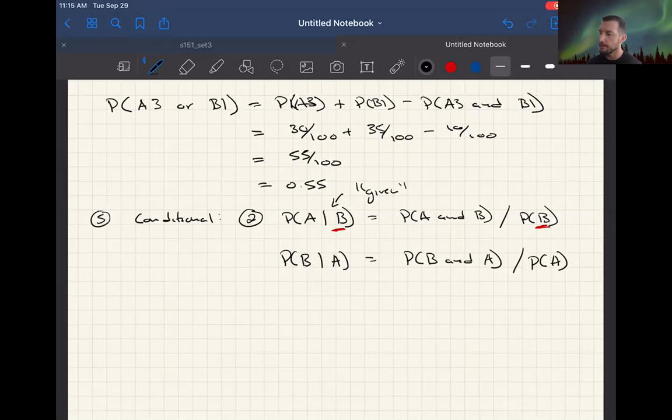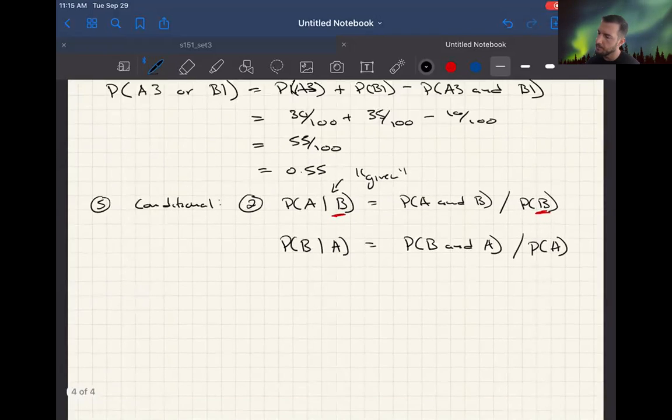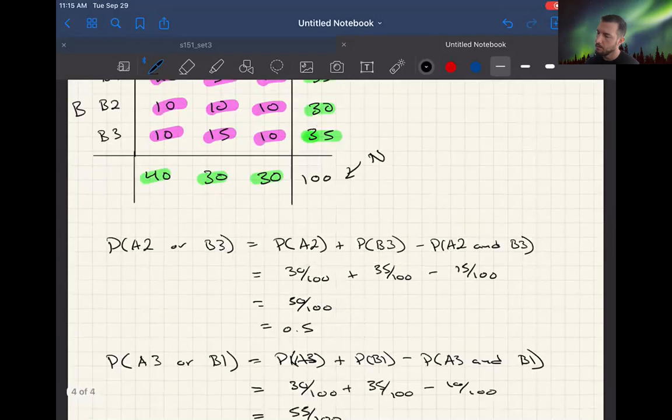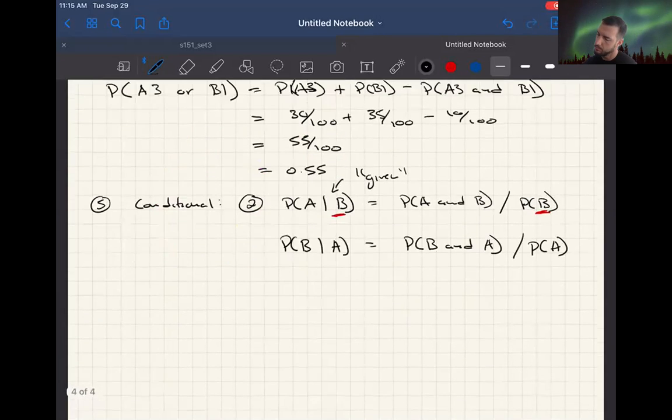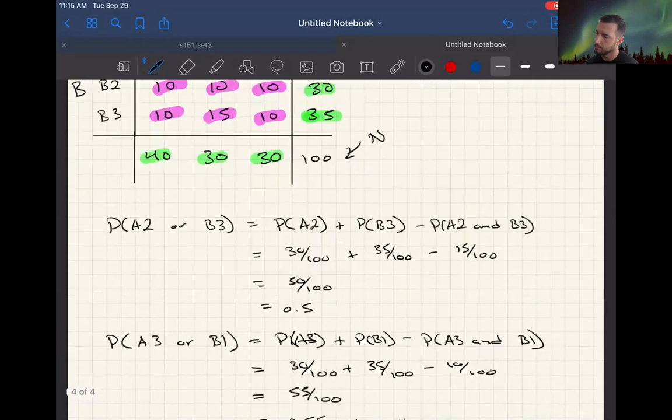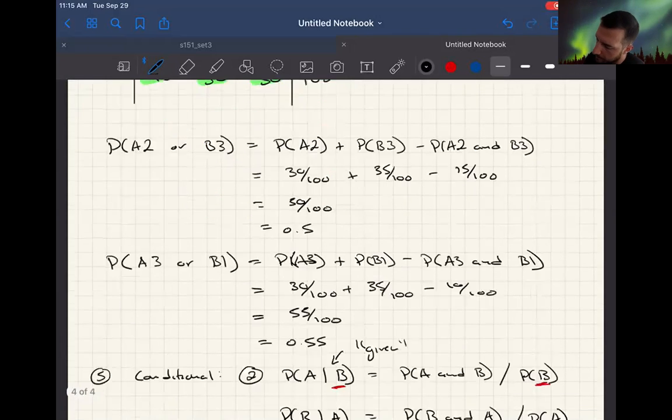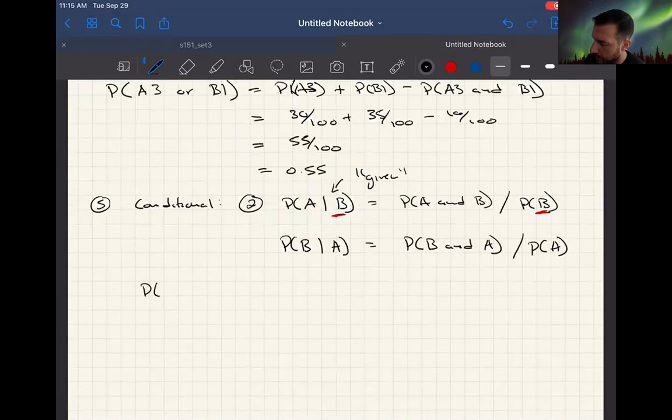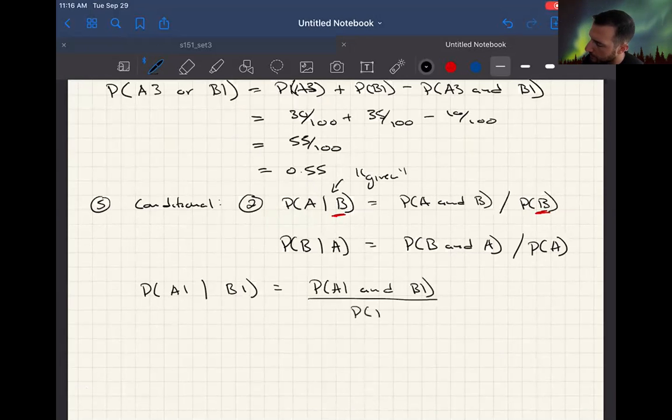All right, so let's look at an example of this. So let's do the probability of A1 given B1. This will be the probability of A1 and B1 divided by the probability of B1.